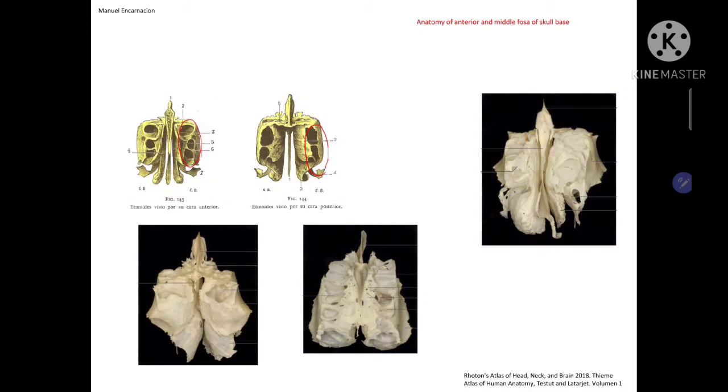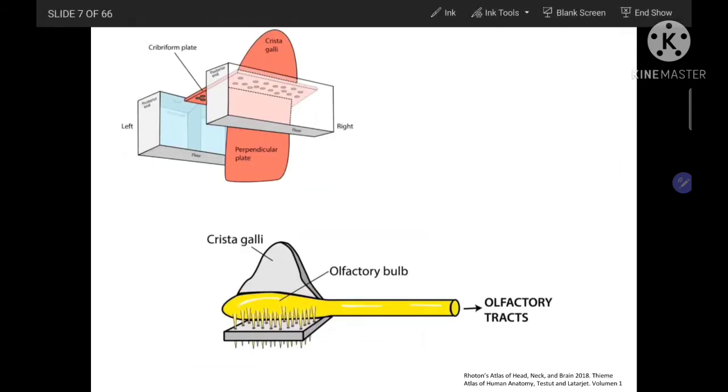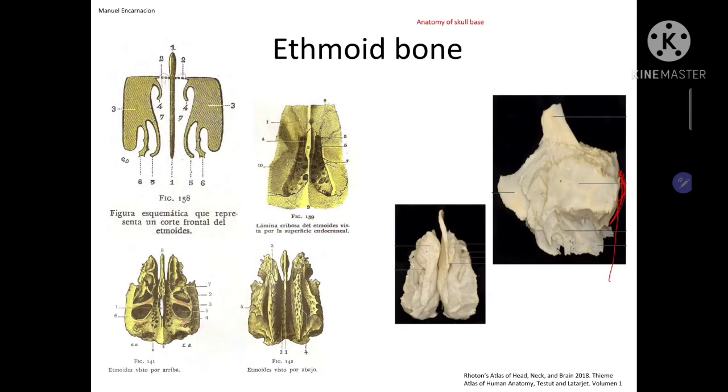The superior surface is almost at the same level as the superior surface of the lamina cribrosa, and it's going to articulate with the ethmoidal labyrinth of the frontal bone.